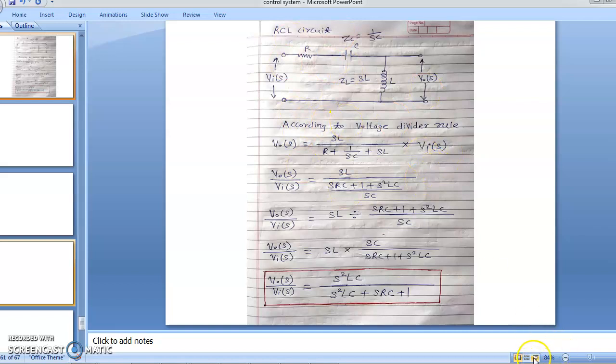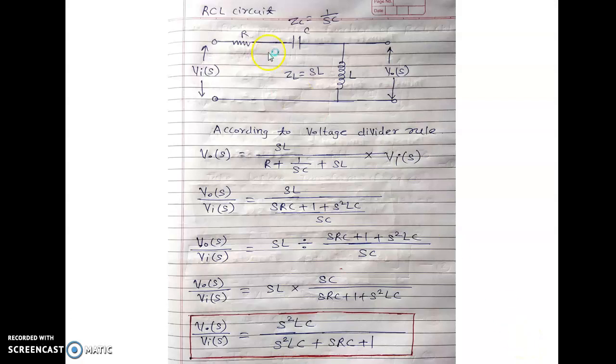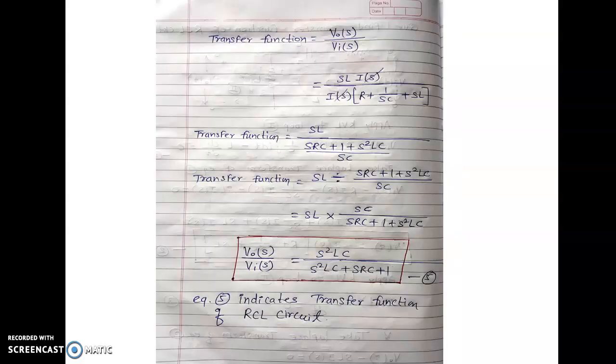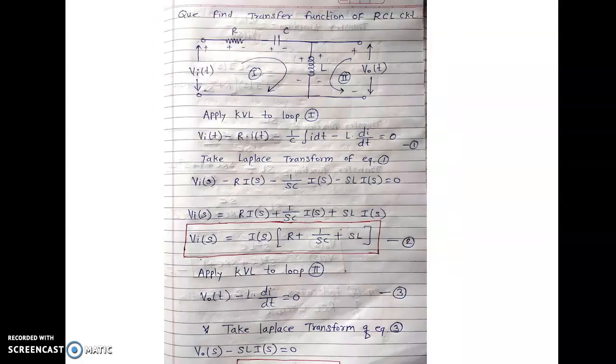We are getting the result for the RCL circuit, and previously we have seen the transfer function of the RCL circuit. First we applied the KVL law to loop 1, then we took the Laplace transform. Equation number 2 is indicating the input voltage in the S domain, VIS.